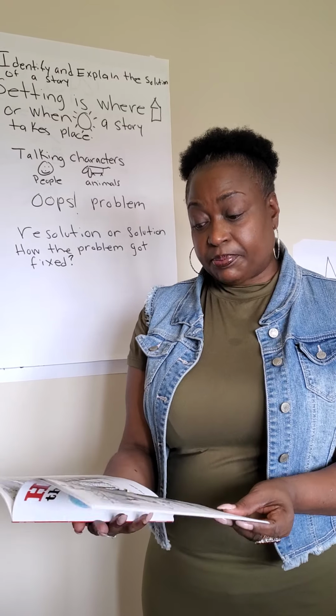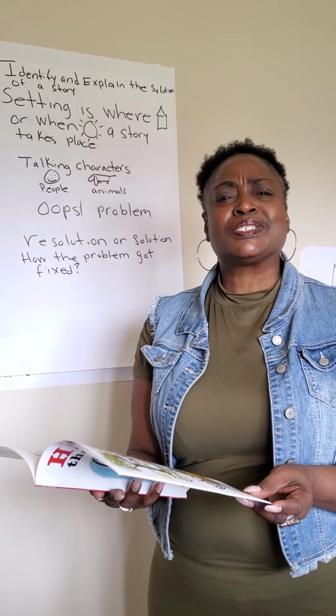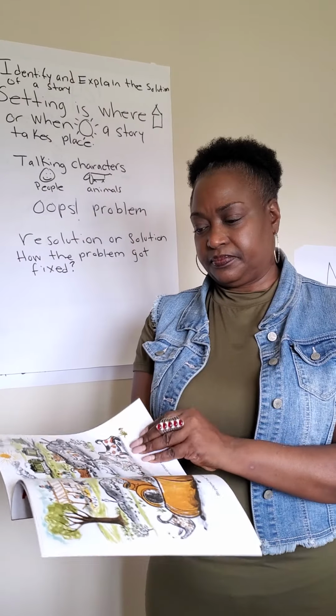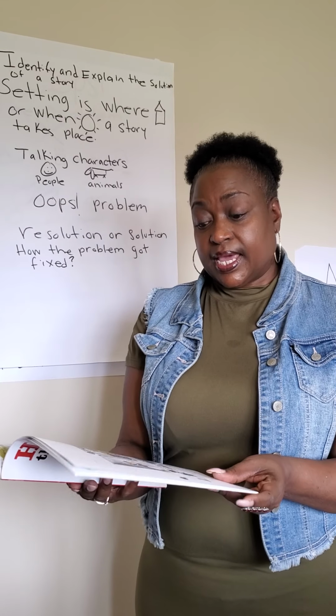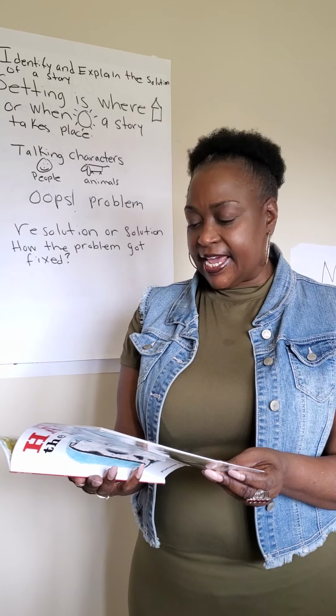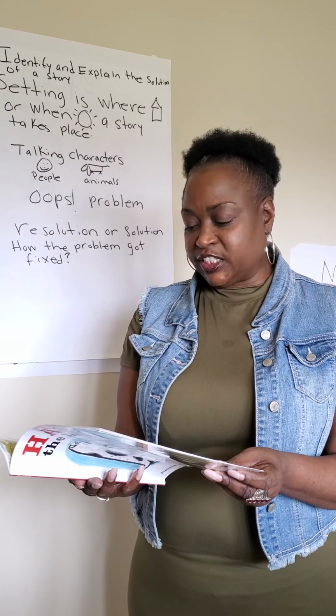He played at the railroad and got even dirtier. He played tag with other dogs and became dirtier still. He slid down a coal chute and got the dirtiest of all. In fact, he changed from a white dog with black spots to a black dog with white spots.